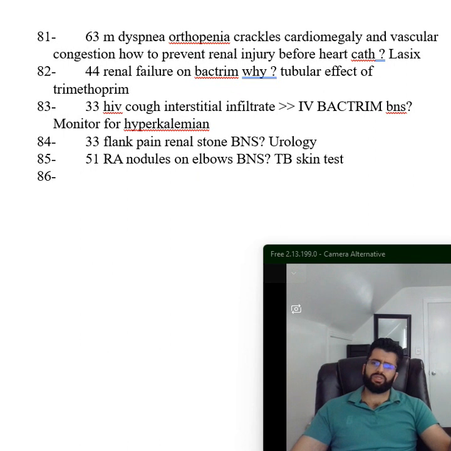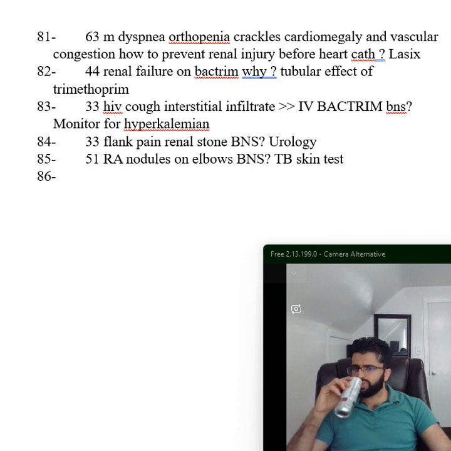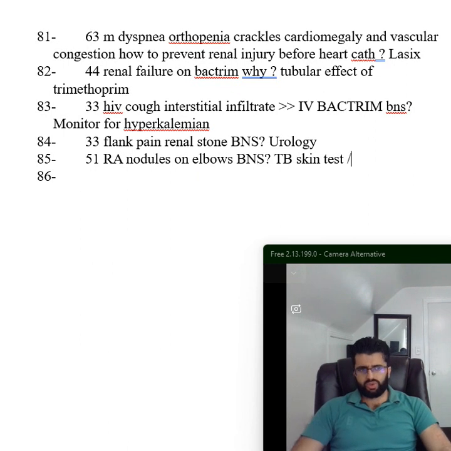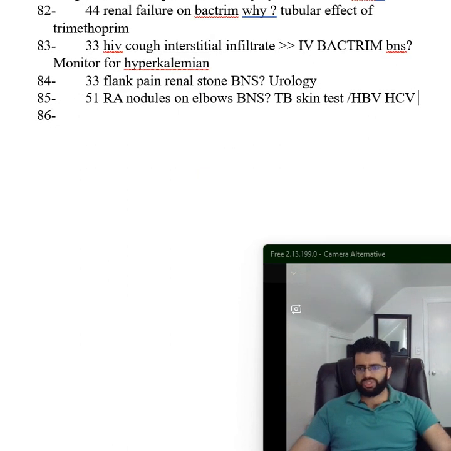Before you do that, you do a TB skin test, and if that doesn't work, you switch to an alternative TNF inhibitor and continue methotrexate as well. Other things you want to screen for before TNF inhibitors, this is common: check for hepatitis B virus and hepatitis C virus. These are things you want to check because they weaken your immune system.